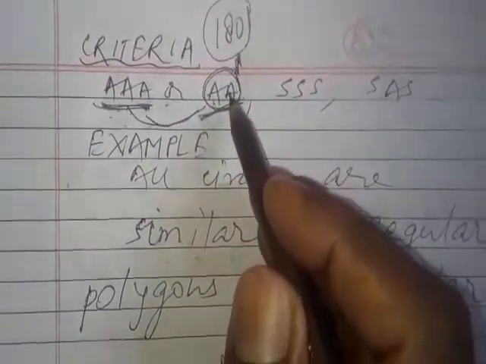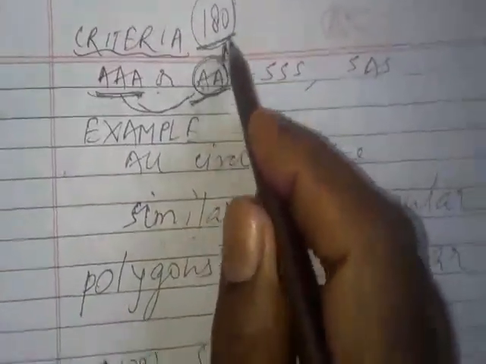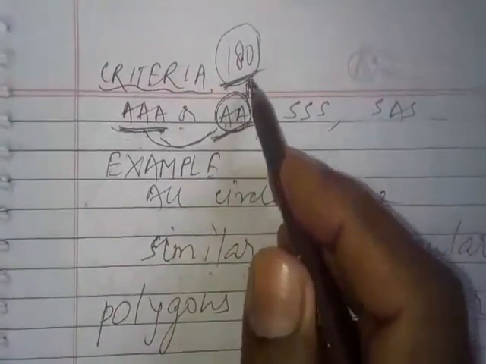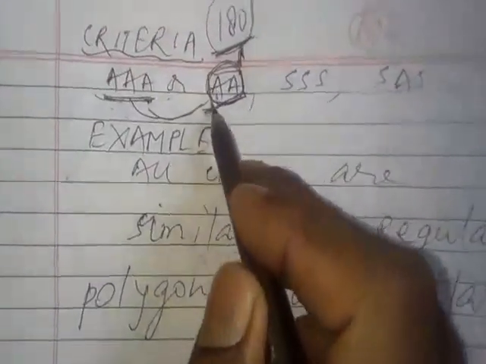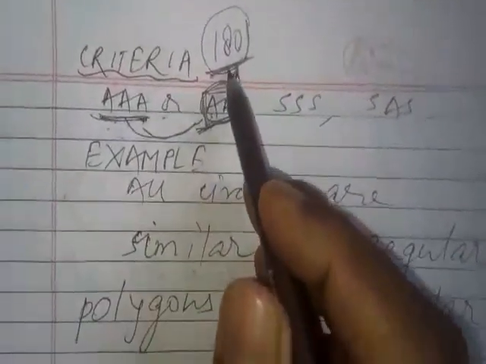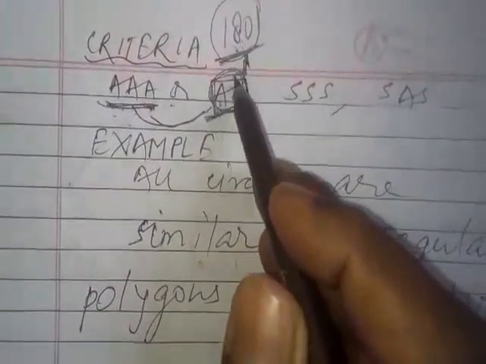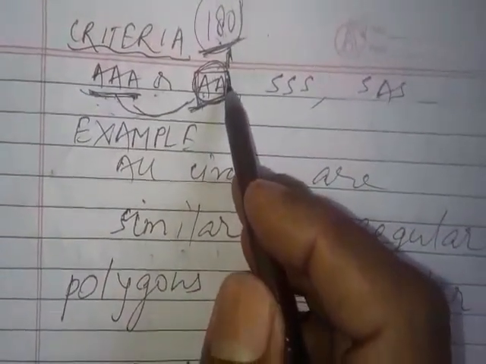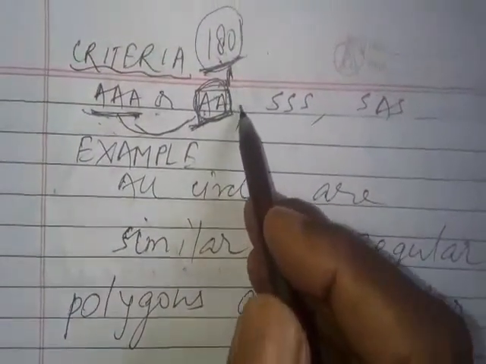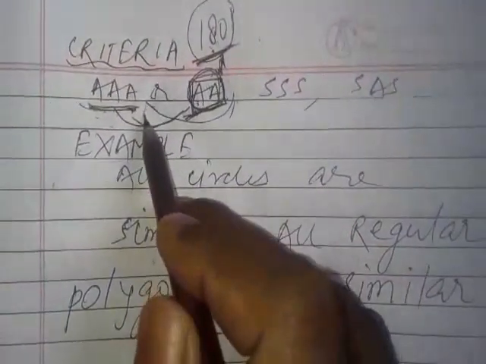As 180 is a constant and the sum of these two angles is also constant, the difference of these will give the same result. So the third angle will automatically become equal to satisfy the condition AAA.